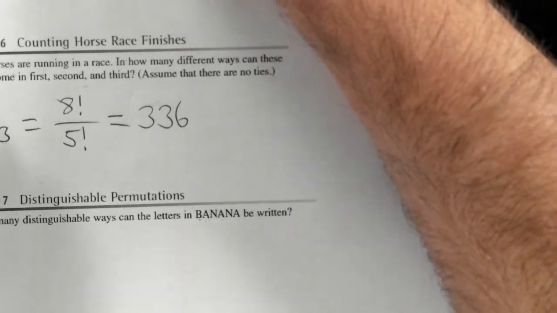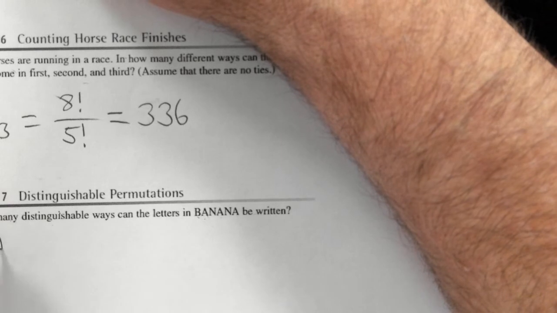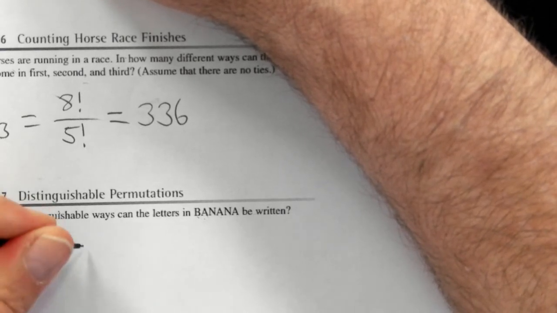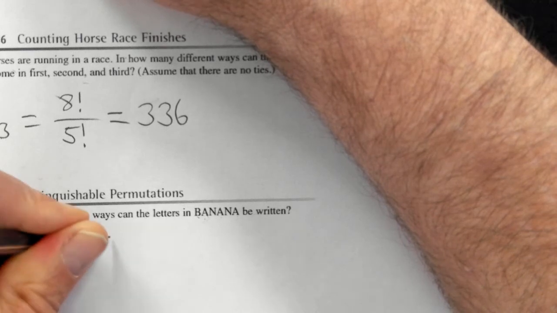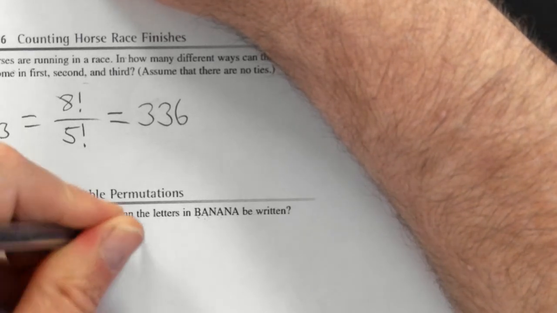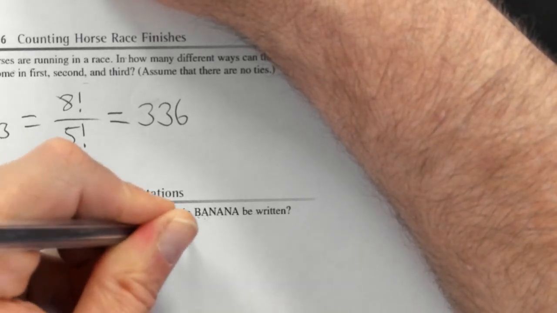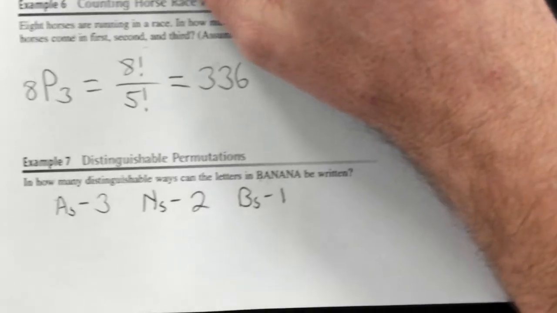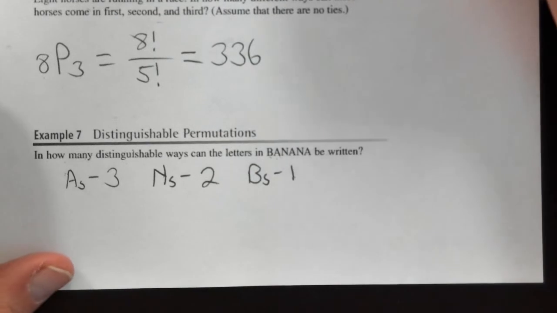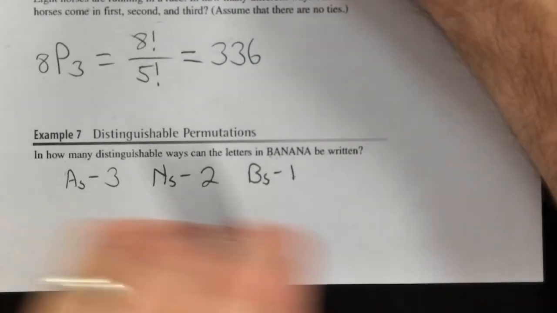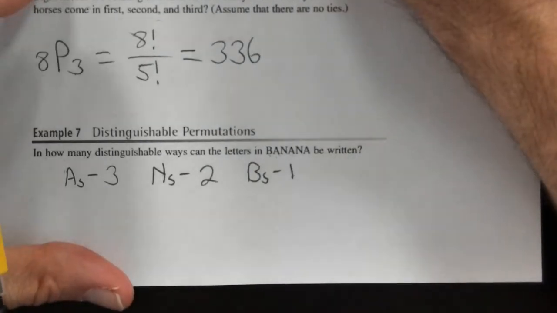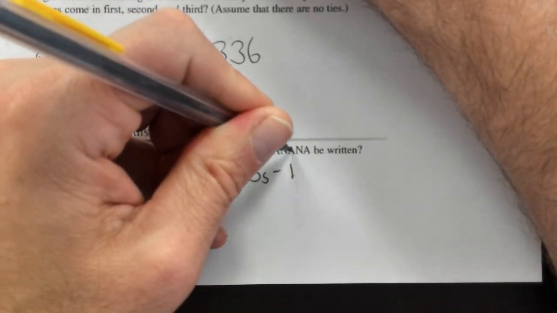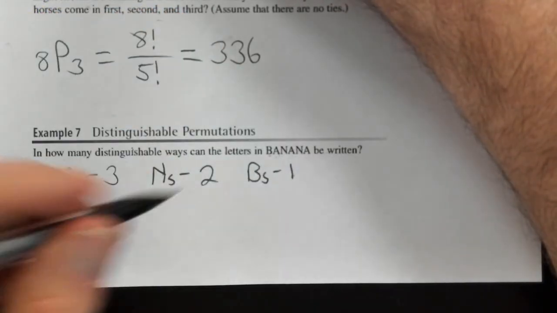All right, so we need to see how many different types of objects we have. Well, how many A's do we have? We have 3. How many N's do we have? We have 2. And how many B's do we have? We have 1. All right, so in order to figure out how many distinguishable permutations there are in the ways you can switch around the letters in the word banana, okay, you've got 1, 2, 3, 4, 5, 6 letters total, right?